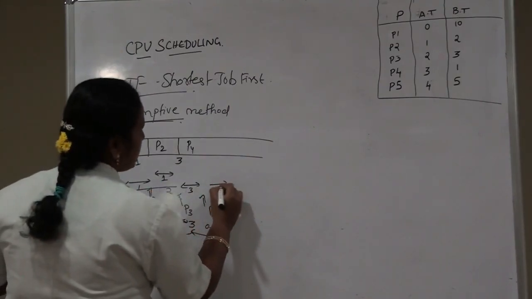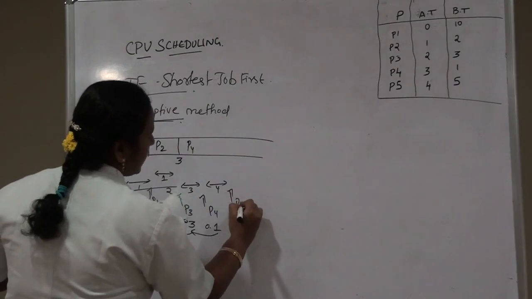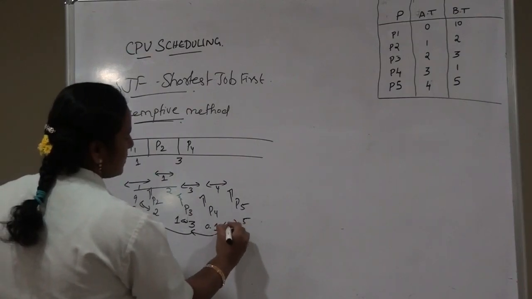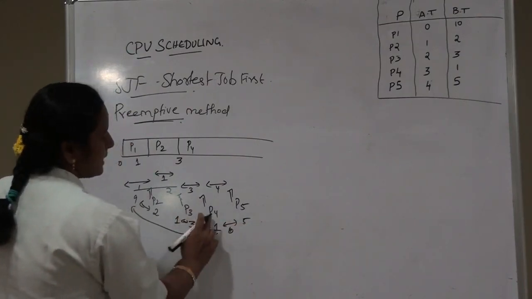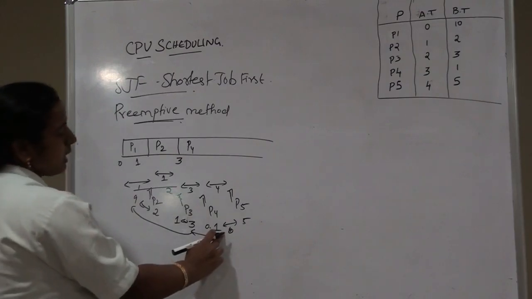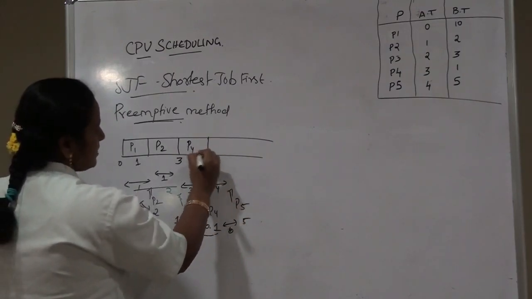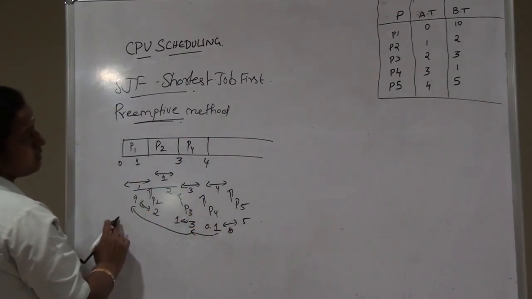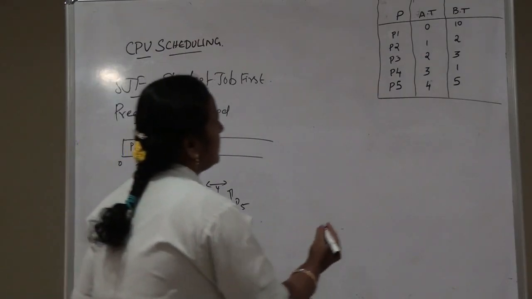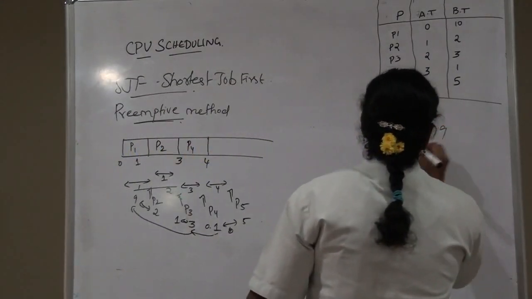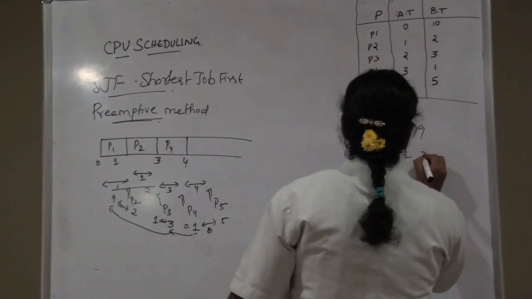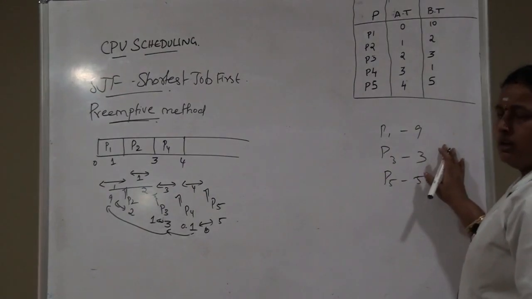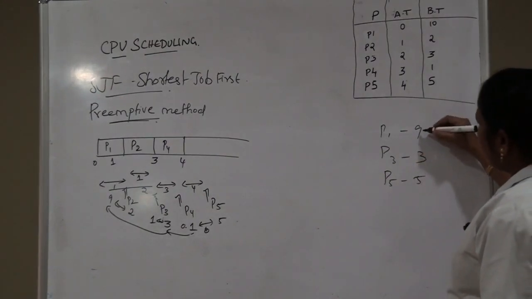Next, at the 4th millisecond, P5 arrives with burst time 5. Since P4's burst time was 1, its execution is completed, and the time is now 4. The processes left are P1 with 9, P3 with 3 and P5 with 5. These are all in the waiting state.